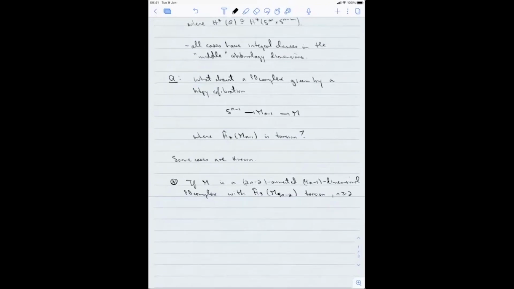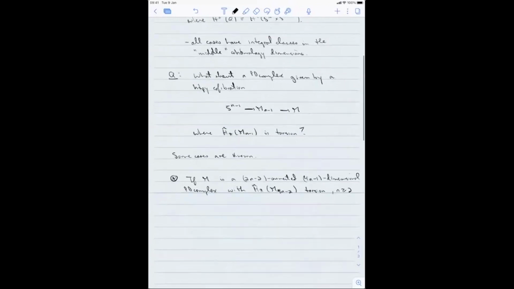And let's assume n is bigger than or equal to 2 so that things are simply connected.